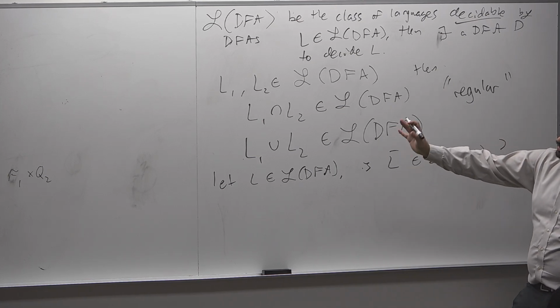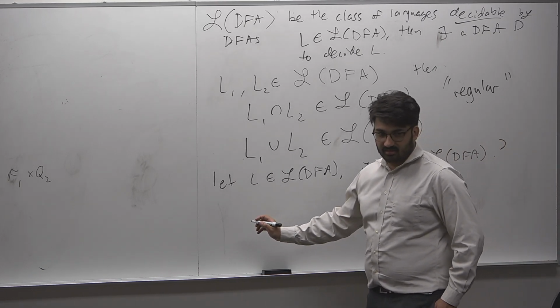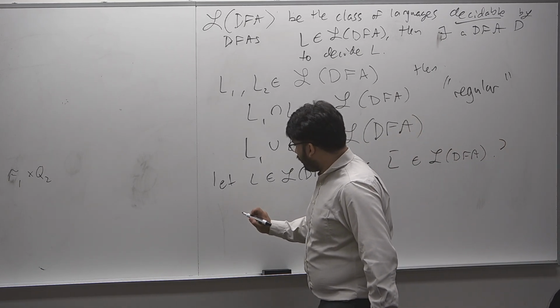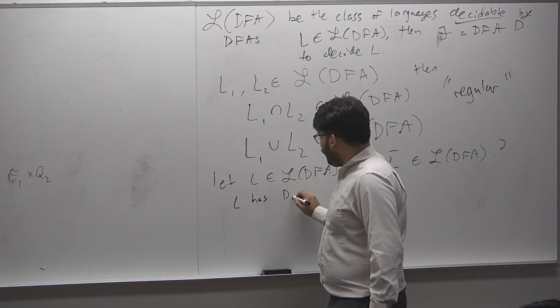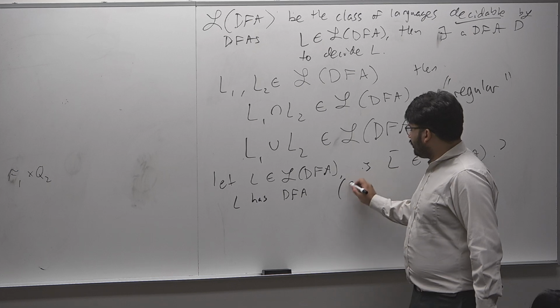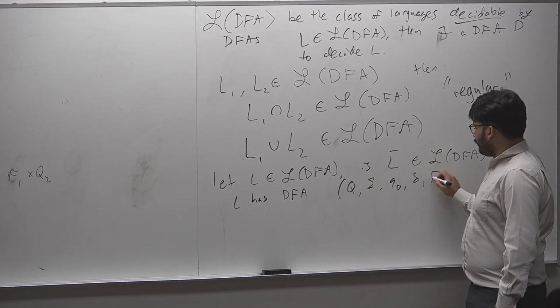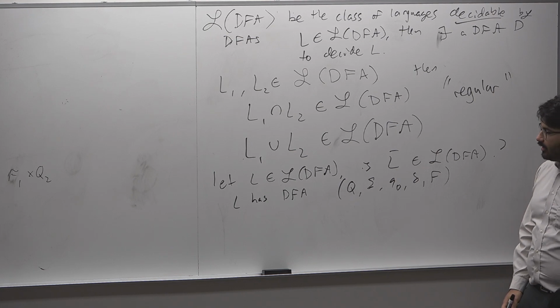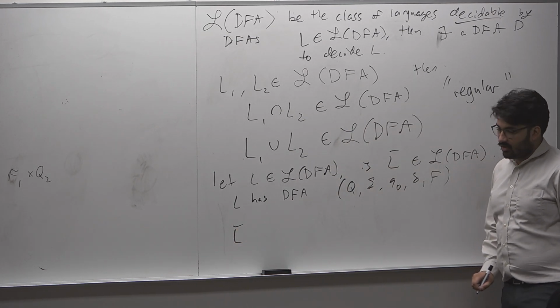Forget the Cartesian product. Let's just suppose that there's a DFA. You can express it as everything minus the union of two. Almost. Let's say L has DFA, let's call it Q, sigma, q0, delta, and F. That's some diagram. What is the DFA for L complement?